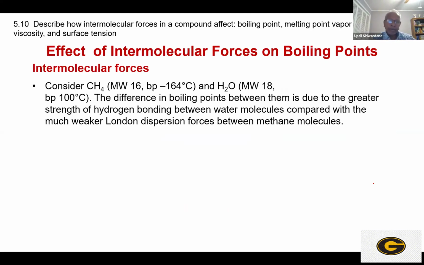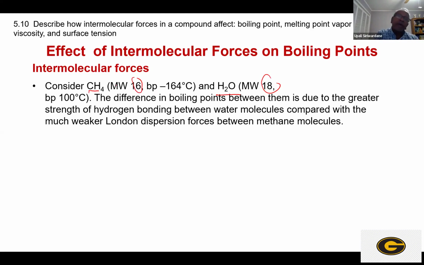If you compare two substances, methane, natural gas here, and water here, you have to compare comparable masses, because the London dispersion force could affect things if you have high molecular weight, and complicate things.